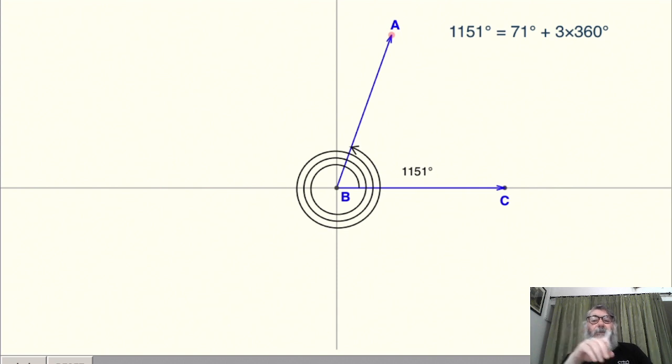All the trigonometric ratios corresponding to 1151 will be positive, because 1151 is falling in the first quadrant. Now in the first quadrant, all trigonometric ratios are positive.